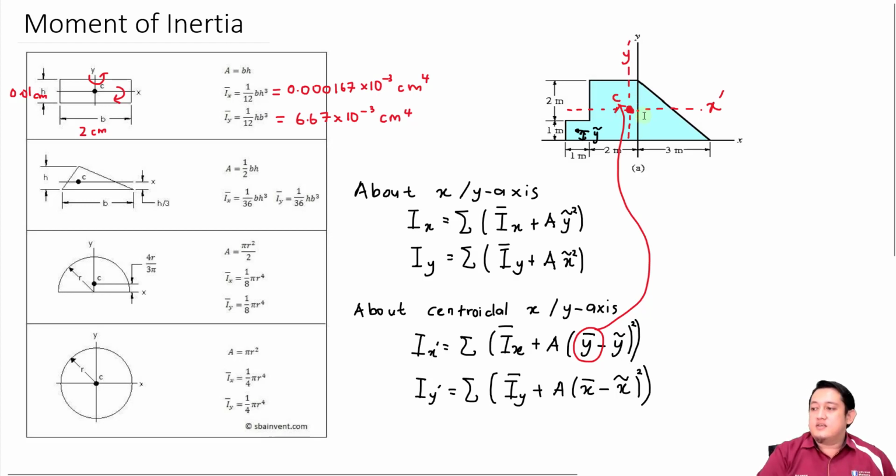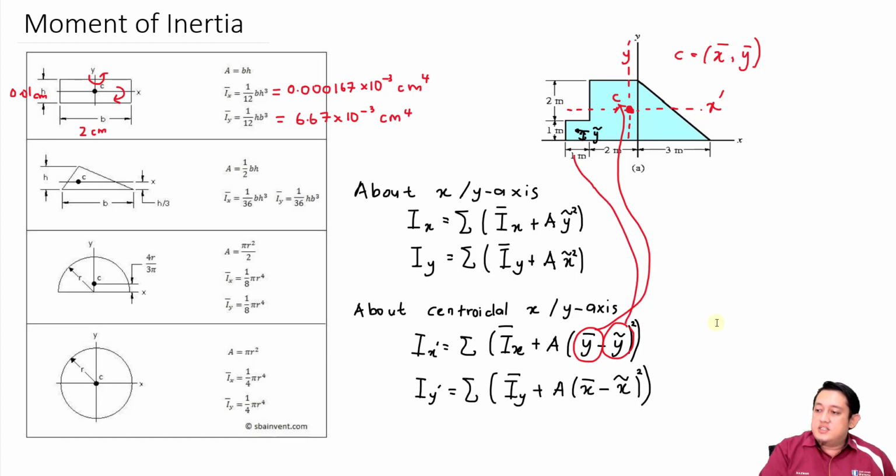So C here is actually x bar, y bar. And this y wave here is the value of the centroid for the common shape. So this one here is y bar, and then we need to minus this y wave.